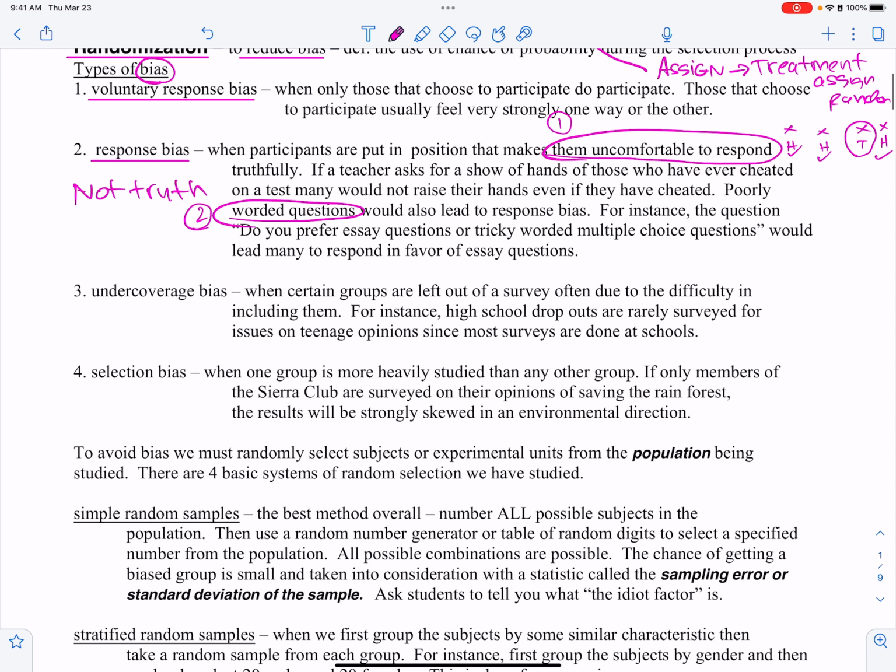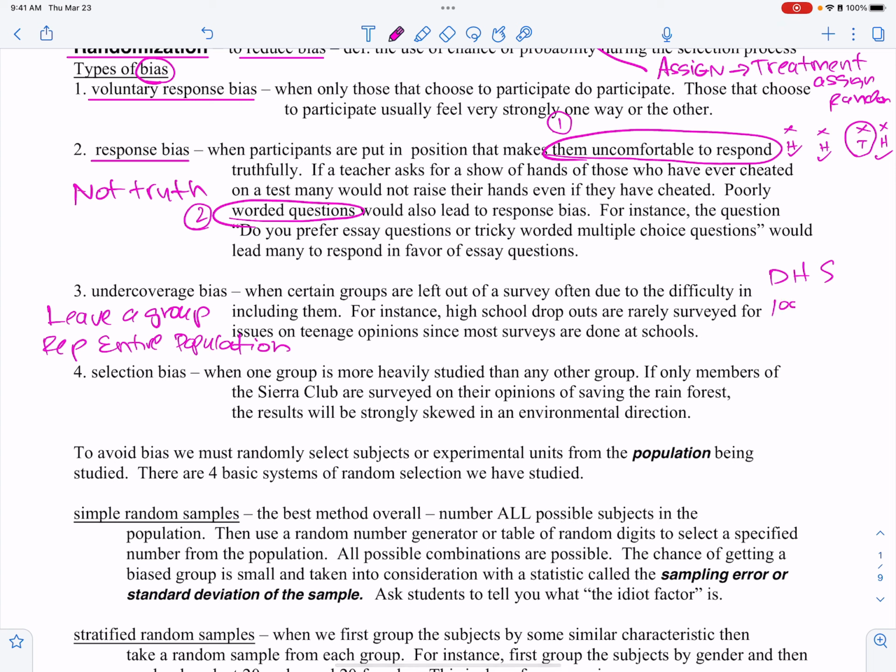Undercoverage bias is when you leave a group out, but you're representing the entire population. So for instance, if I was surveying Dawson High School students and I asked, what is your favorite movie?